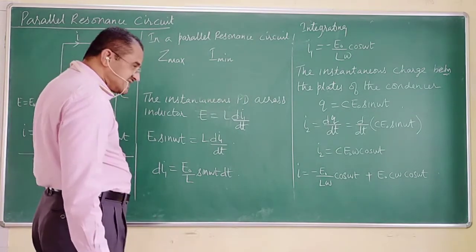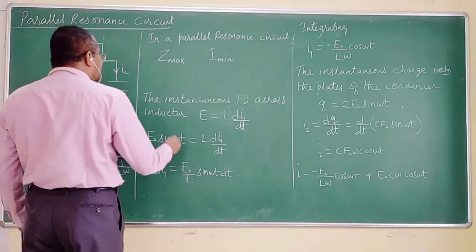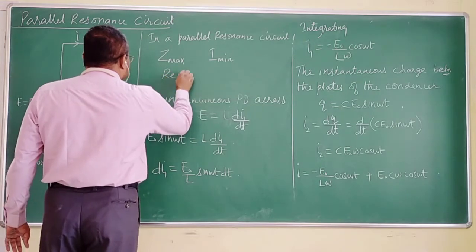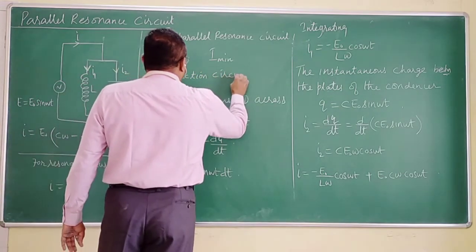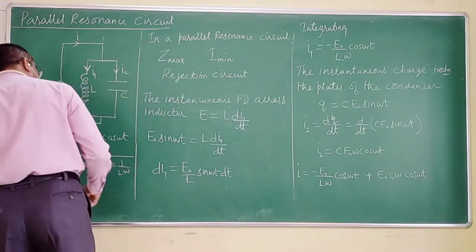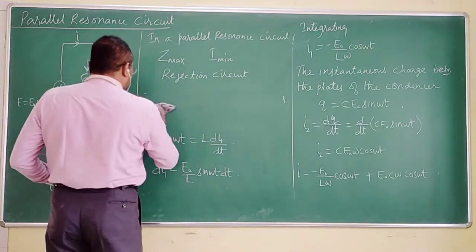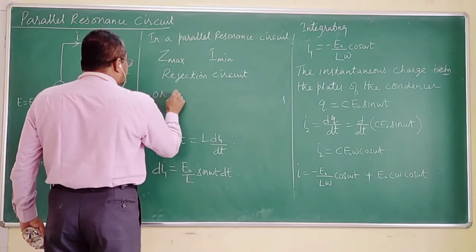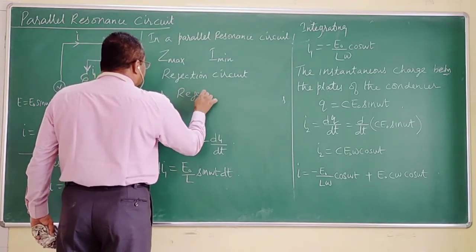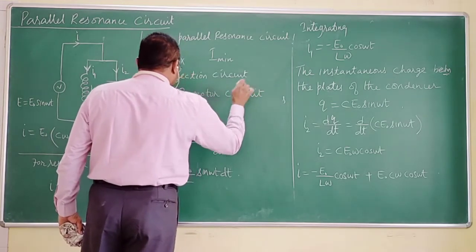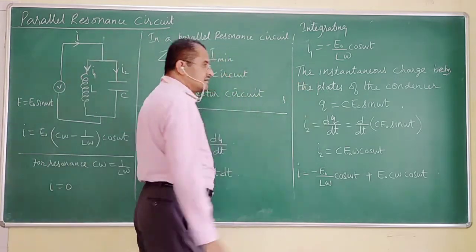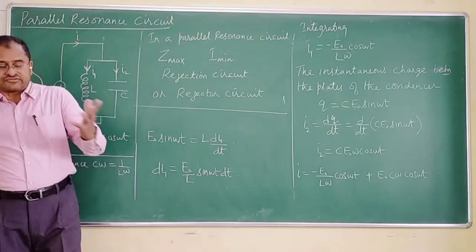Hence, such a circuit is called a rejection circuit, or is also known as a rejector circuit, because it rejects maximum current to flow through it.